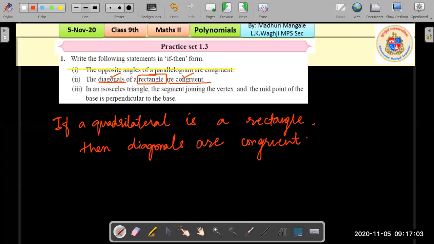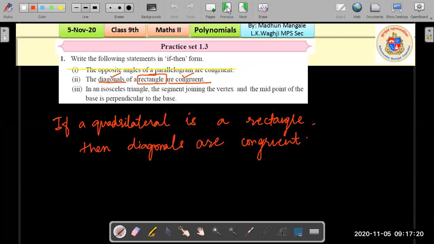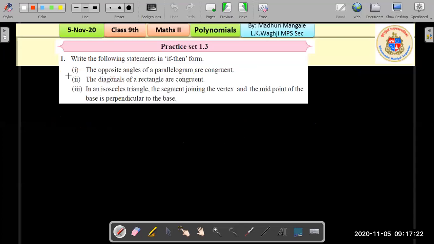We are just identifying what is the main part and what is happening next. So the antecedent and the consequent, you should be very clear about that. Okay, let us look at the third part now. We are done with first and second.